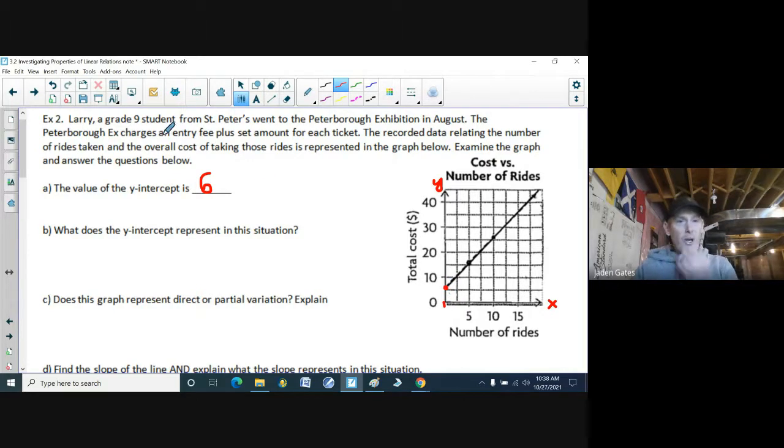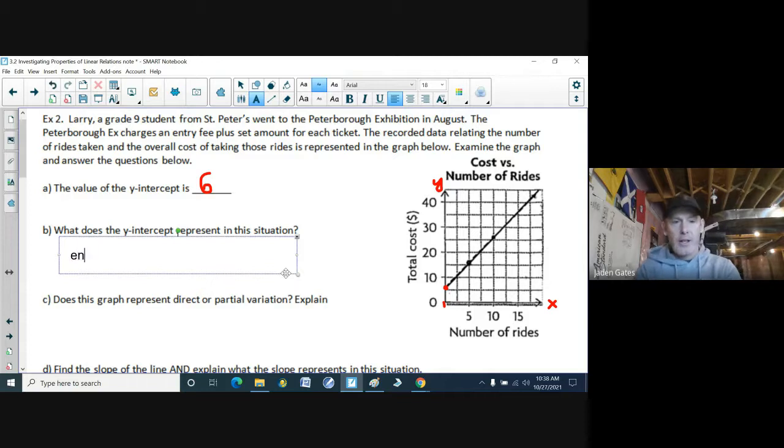And now if I read the question again about Larry being a grade 9 student from St. Peter's, the Peterborough X charges an entry fee plus an amount for each ticket. So if we have no rides taken, it costs $6, the y-intercept must be the entry fee is $6.